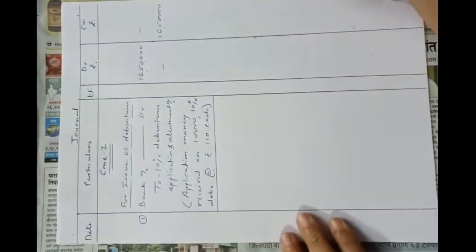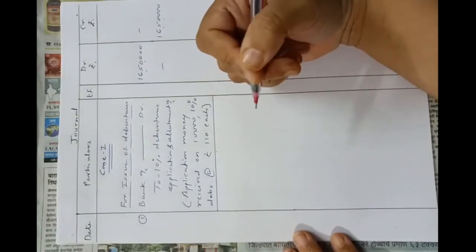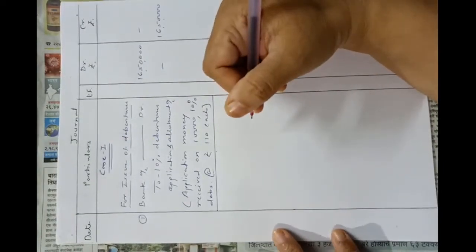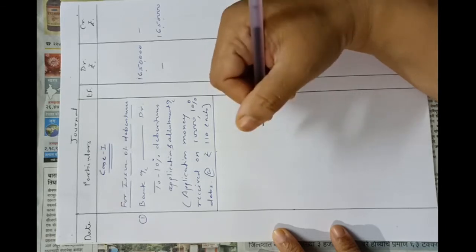Okay, now entry of application money adjusted, that is actual issue of these debentures at premium, repayable at par.